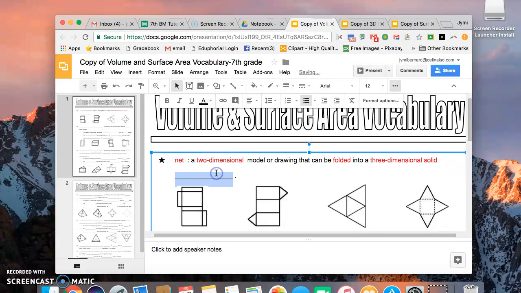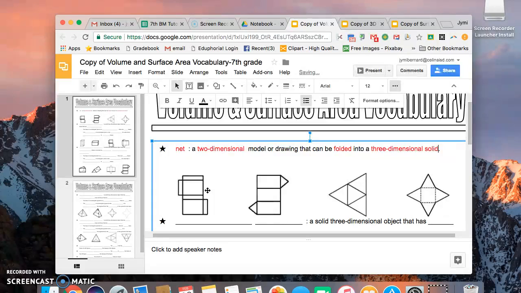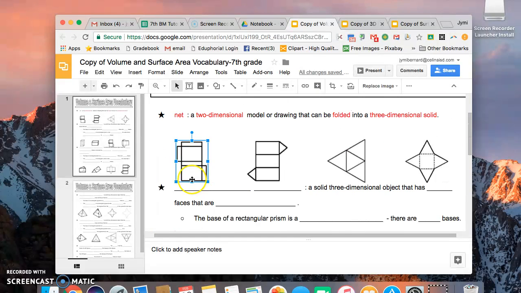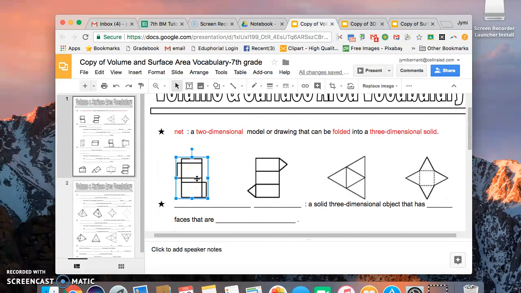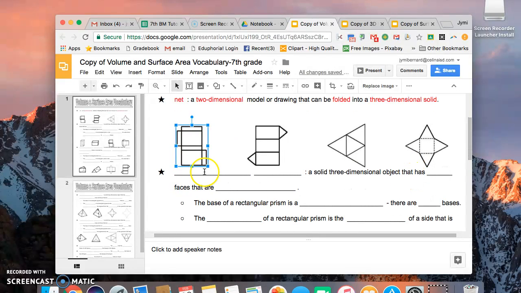A net is a two-dimensional model that can be folded into a three-dimensional solid. So for example, this model would be folded into a rectangular prism. This would be folded into a triangular prism, a triangular pyramid, a rectangular pyramid.